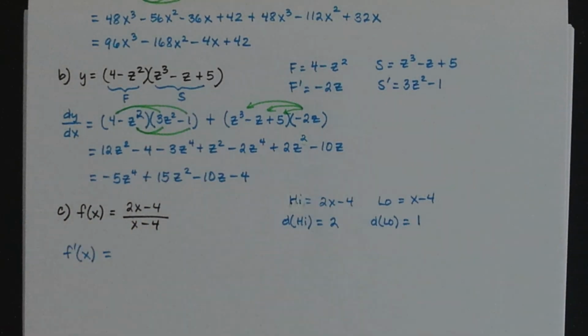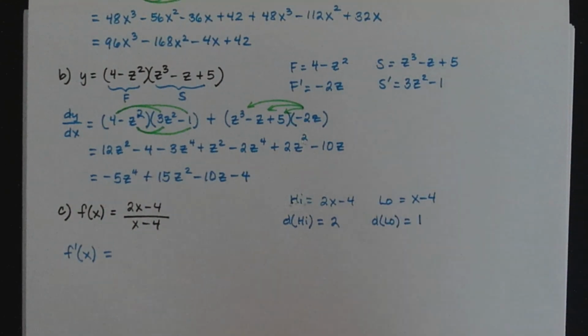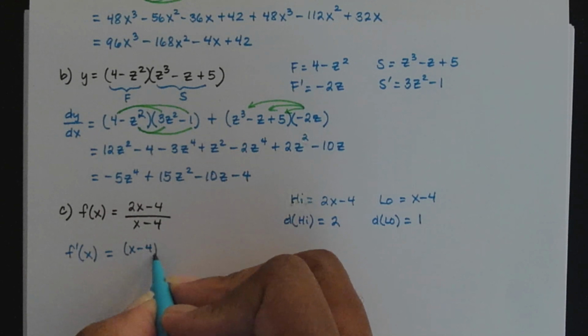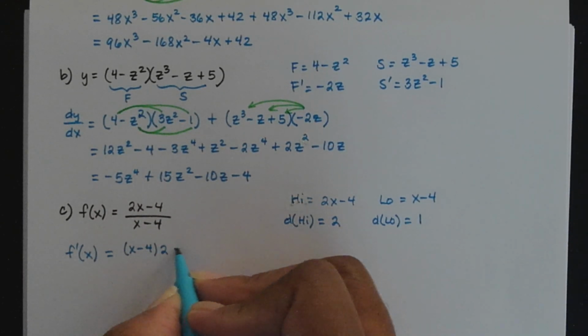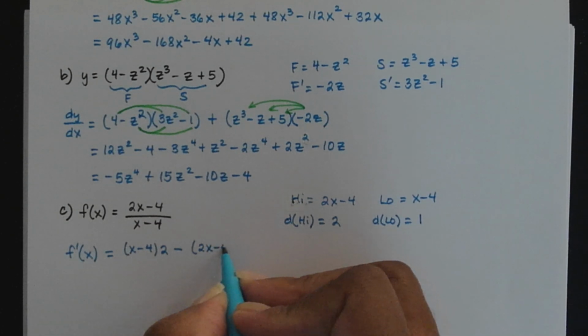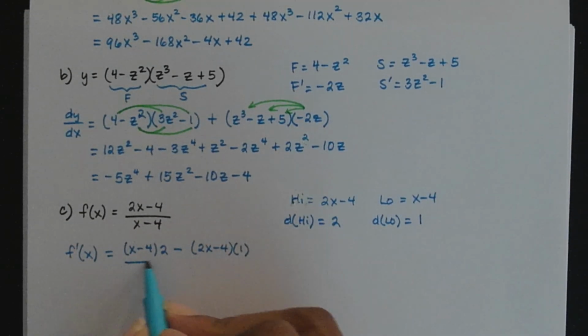f prime of x, using the quotient rule, is always going to be low times the derivative of the high minus the high times the derivative of the low divided by the square of the low. So here we go, low times the derivative of the high. That would be x minus 4 multiplied by 2 minus the high, which is your 2x minus 4, times the derivative of the low, that's 1.